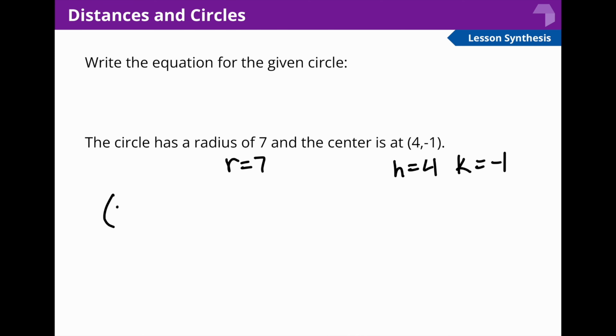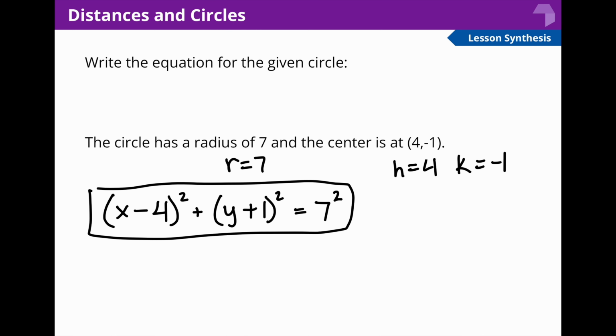I can say x minus h, so x minus 4 squared, plus y minus k, and in this case k is -1, so y minus -1 is like y plus 1 squared, is equal to 7 squared. Or you could write 49. And that would be the equation of this just from text.